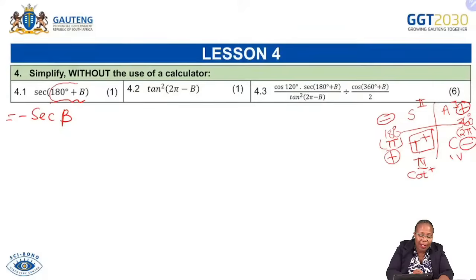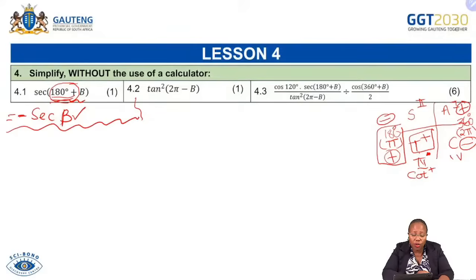Remember, we use 180 plus to identify the quadrant. And then now this is giving us quadrant 3. Then we check sec in quadrant 3. Is it positive or negative? No, sec is negative. That is why we write this negative here. We bring a sec and then we are left with only b because we have now applied the quadrant 180 plus. Then this is your 1 mark.